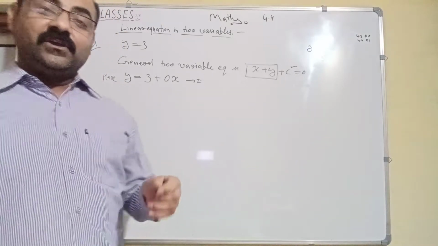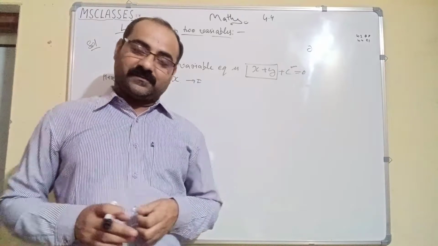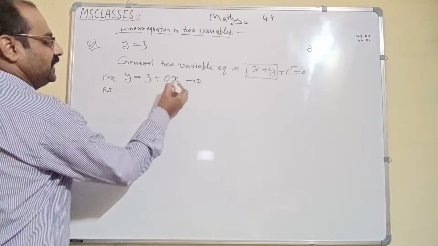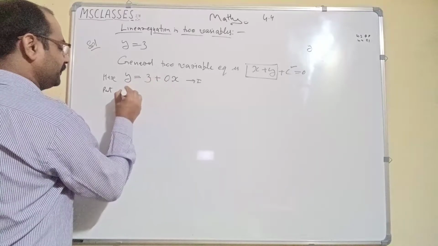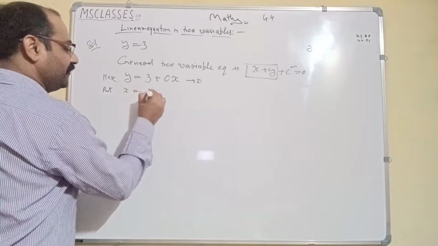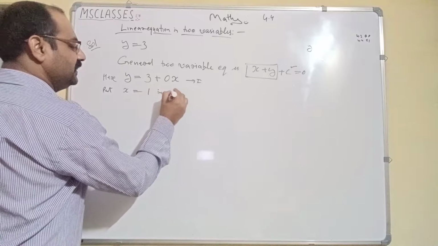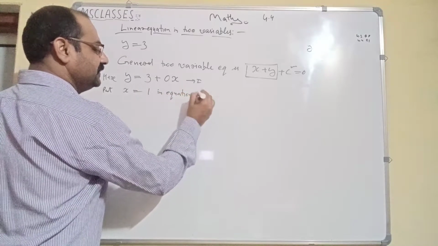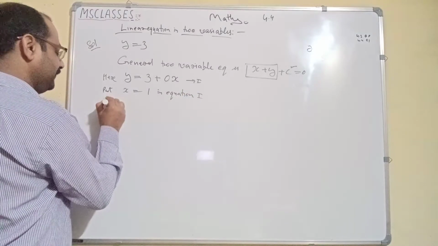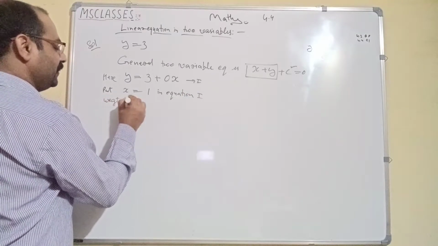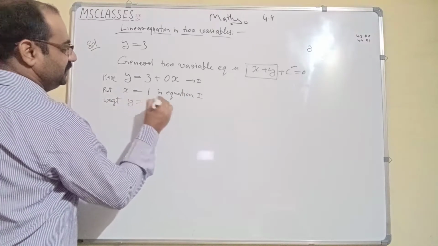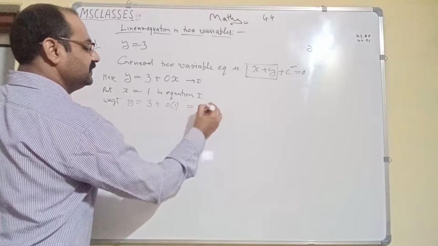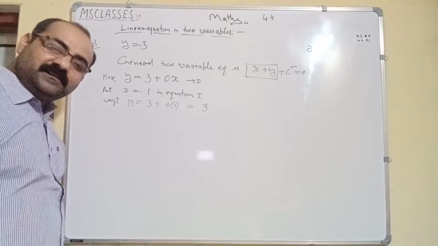Now guys, you know how to calculate the solution. First of all, put x is equal to 1 in equation 1, right? We get y is equal to 3 plus 0 into 1, this is only 3, right?